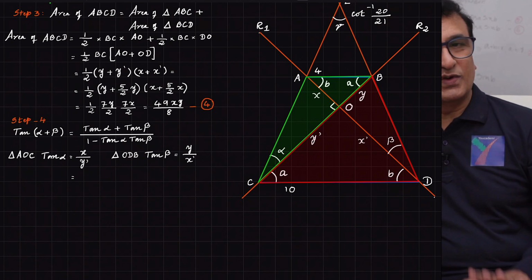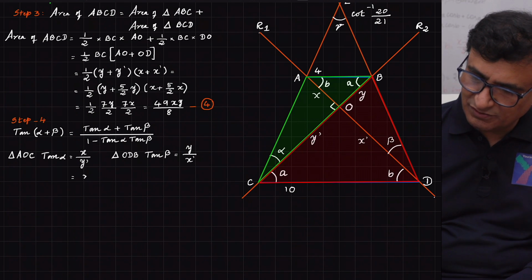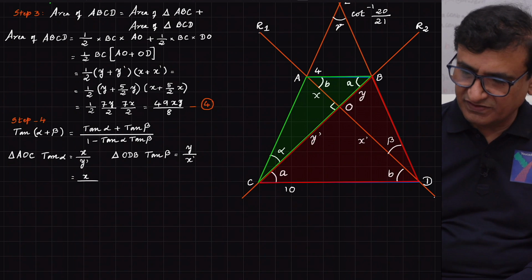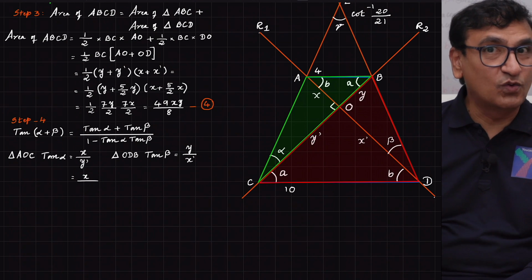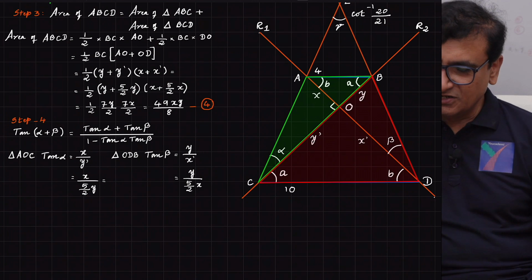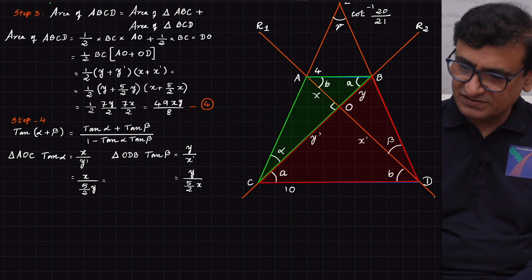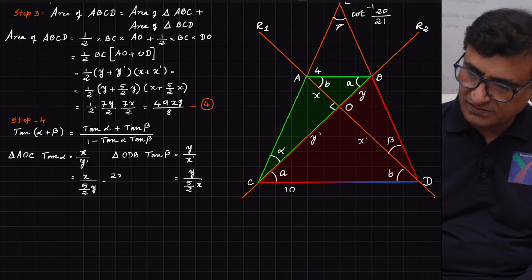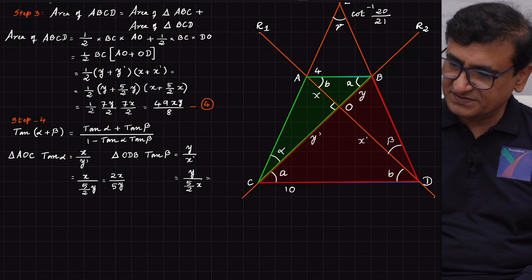We know what is y prime. So that will be x divided by 5 by 2 y. Then tan beta would be y divided by 5 by 2x. So we can write this as 2x by 5y, right? And this would be 2y by 5x.